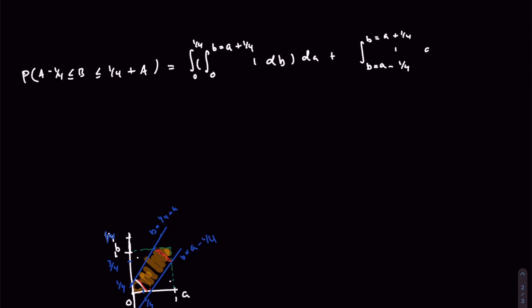Density 1, integrating over b first, integrating over a then. And what's the integral over b? Well, it's going from 1/4 up to 3/4, right? So 1/4, 3/4.